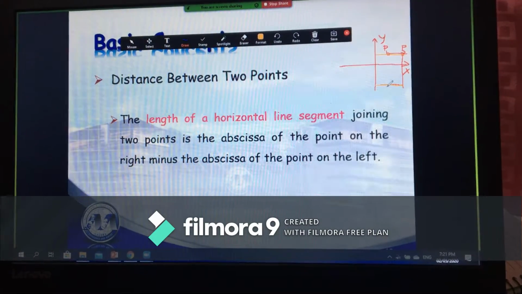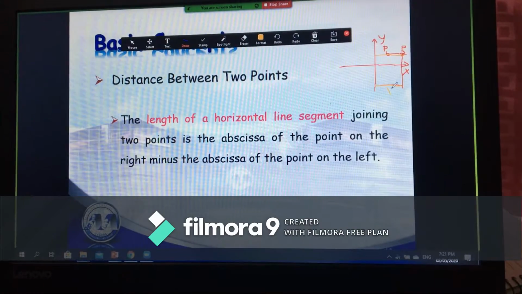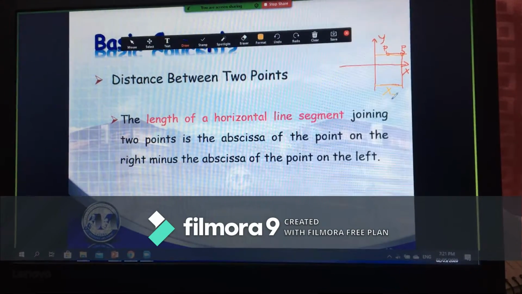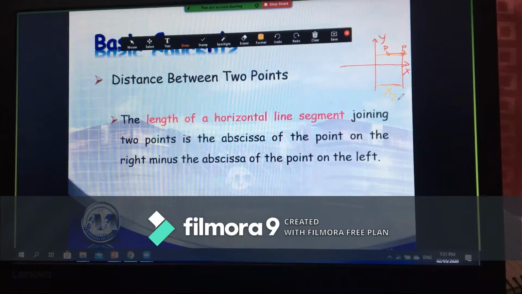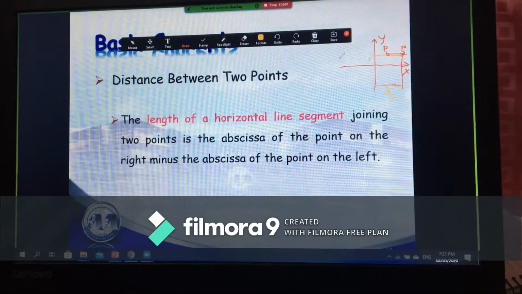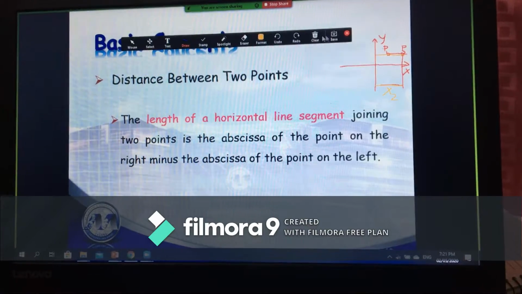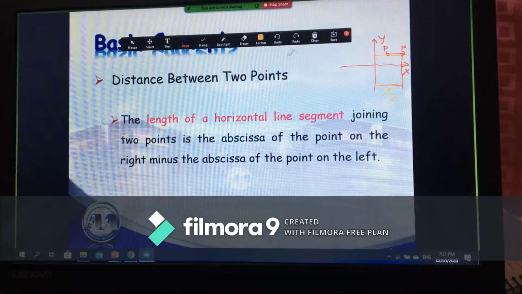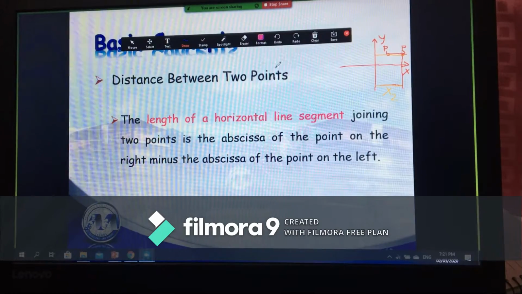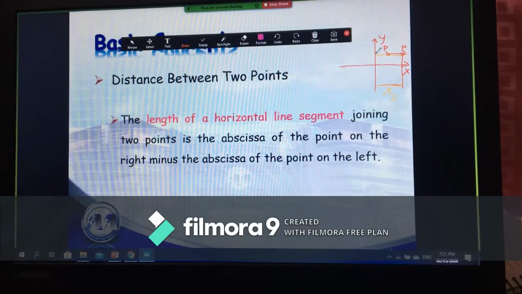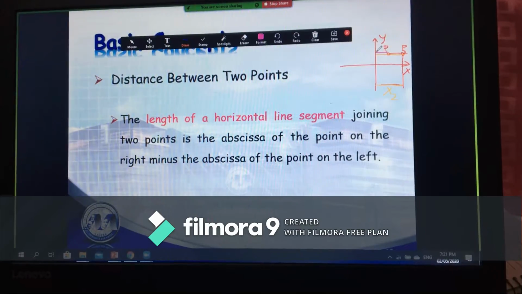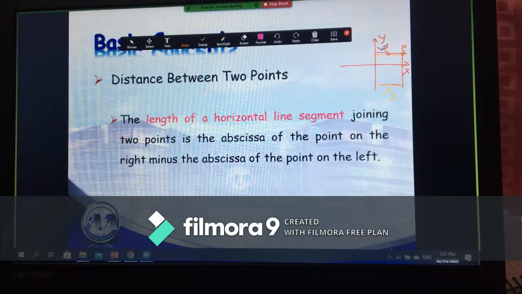So we can call this x2. This is the x coordinate of point 2. Then the distance from the y-axis towards this P1, we call it x1.